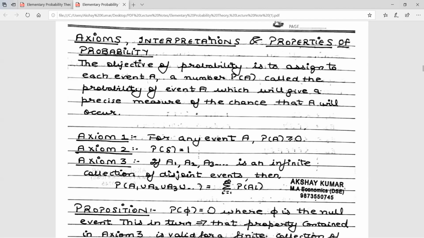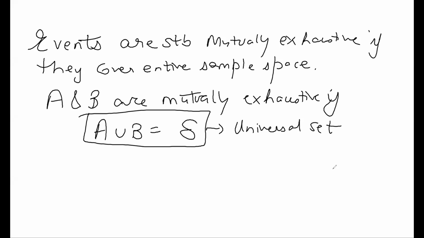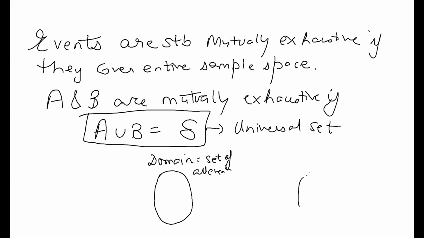What is probability actually doing? If I talk about probability, my domain is the set of all events. What is my codomain? My codomain is the values between 0 and 1, including 0 and 1.